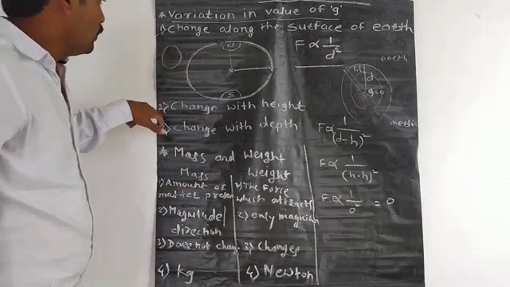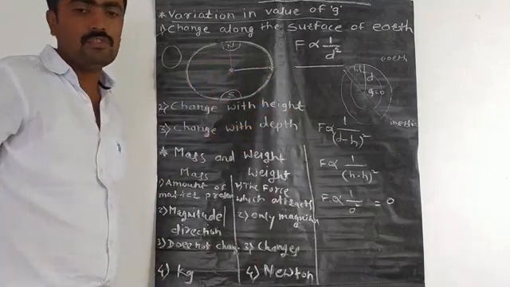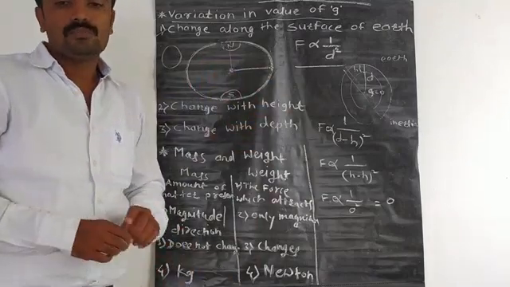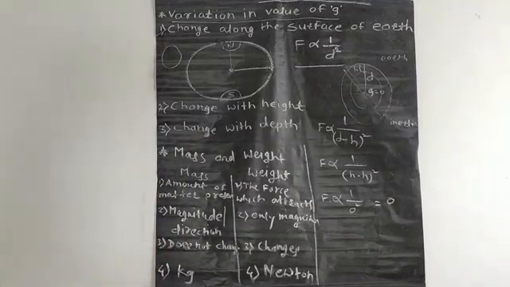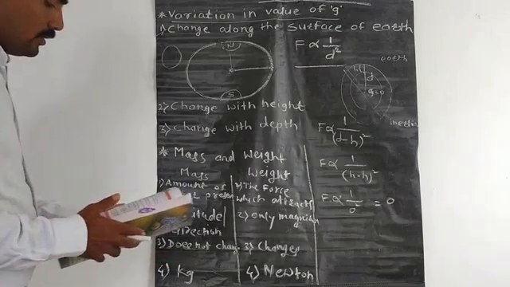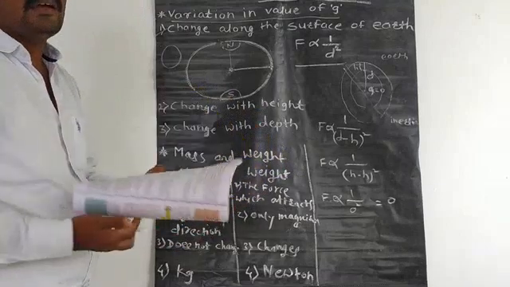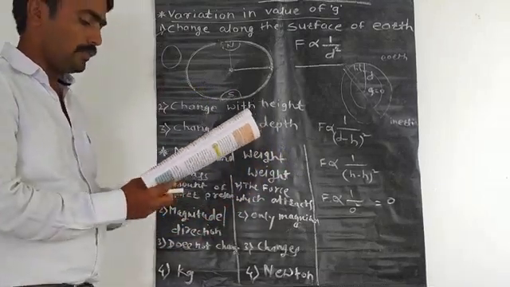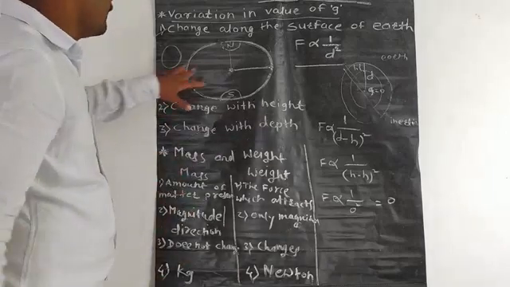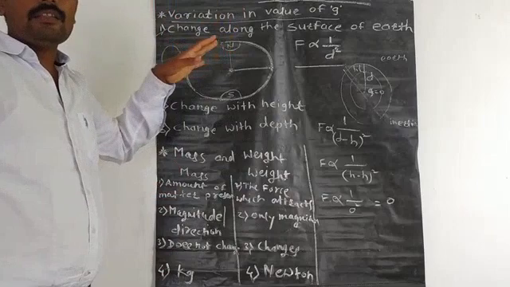Now come to the second point, that is the change with height. As the height increases, the gravity decreases. See students, in your textbook, page number 8: as we go above the earth's surface, the value decreases.